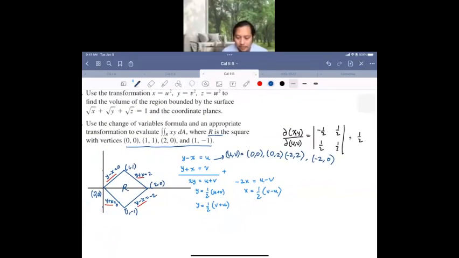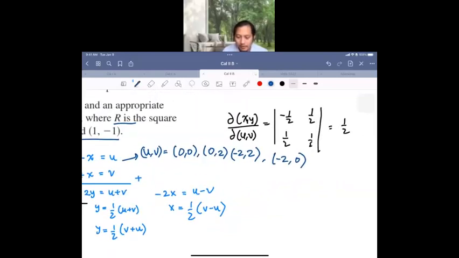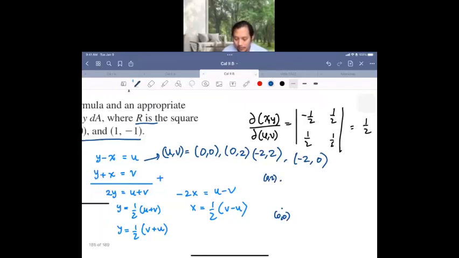Now, according to what we have here, this is a square that starts with 0, 0. 0, 2 is here. And negative 2 is going to be here. So this is negative 2, 0, and negative 2, 2. So we will have a perfect square.